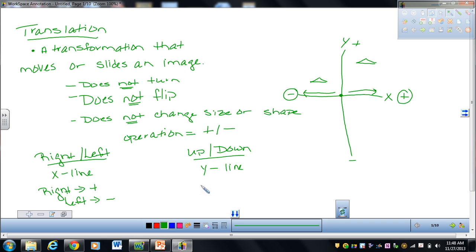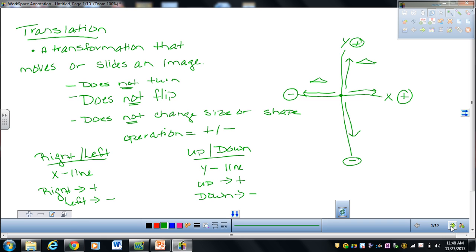If it tells you to go up, then you are adding. If it tells you to go down, you are subtracting. So here you're starting at 0, 0. If you're going up, you're going with the positive numbers, so you would be adding. If you're going down, you're going with the negative numbers, so you would be subtracting. Okay?